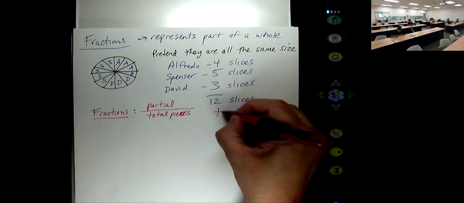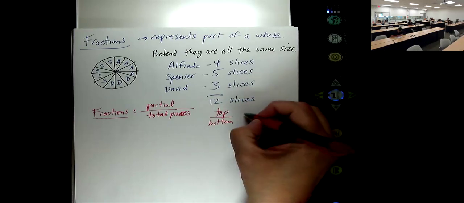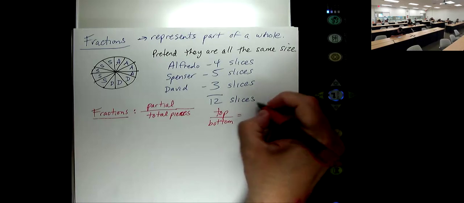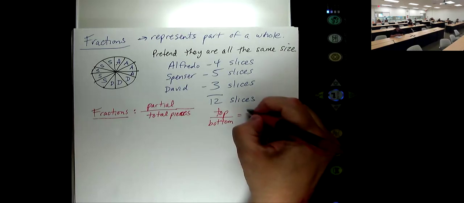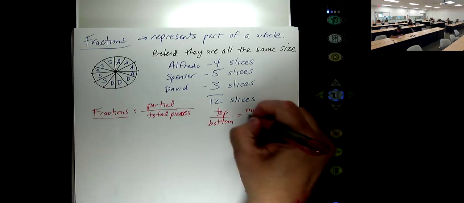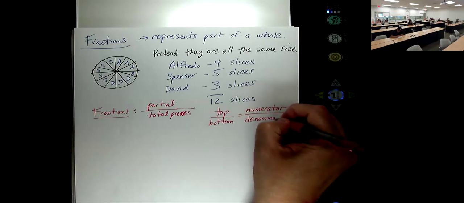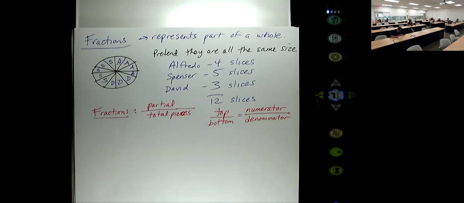Now, I usually call them top and bottom because everyone knows what those words mean, but the real math jargon is numerator and denominator, because everybody likes 5-syllable words that are hard to spell.